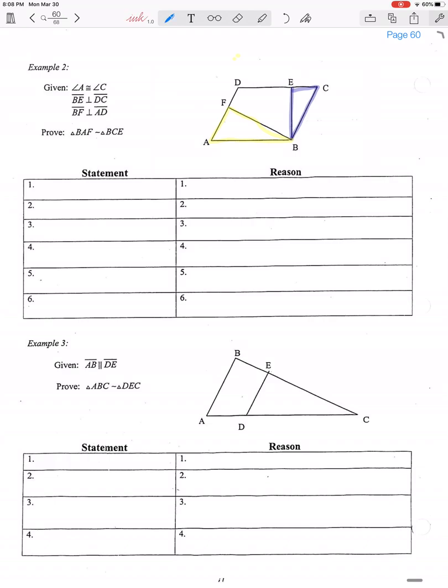I have angle A congruent to angle C. And remember, you always want to mark your givens. So angle A is congruent to angle C. I have BE perpendicular to DC and BF perpendicular to AD. And that's given as well.